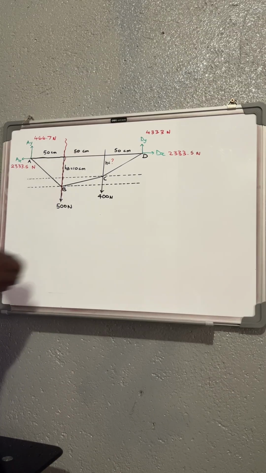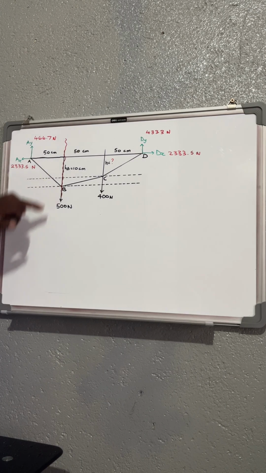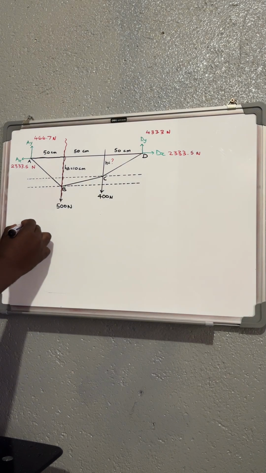Then what's next? Since you've found your AX and your AY, how does this look? Imagine if we were able to take this triangle out. If I take this triangle out, I have a triangle that looks like this.